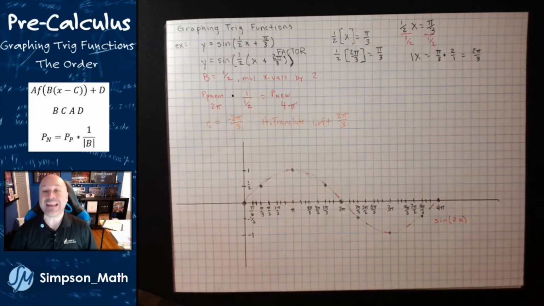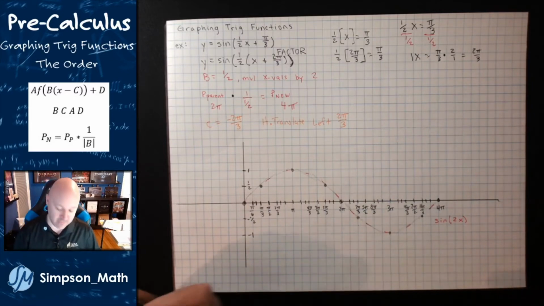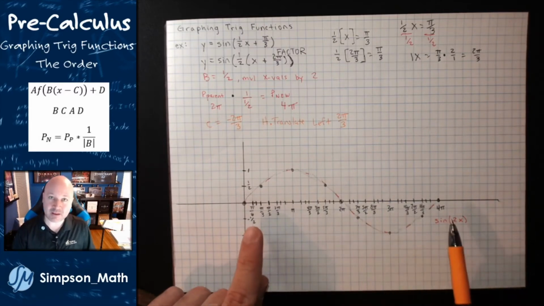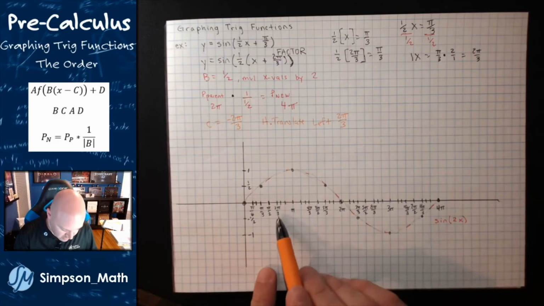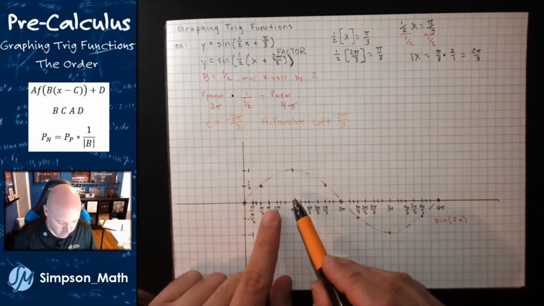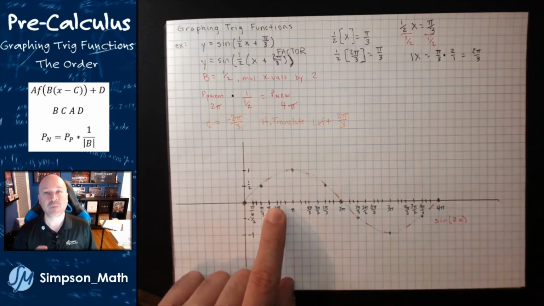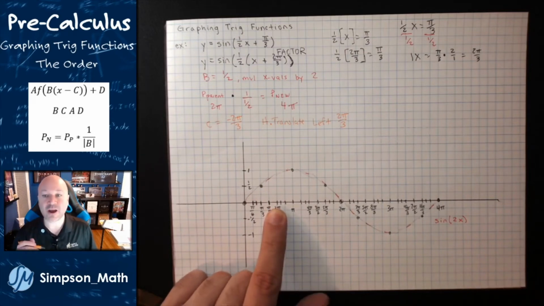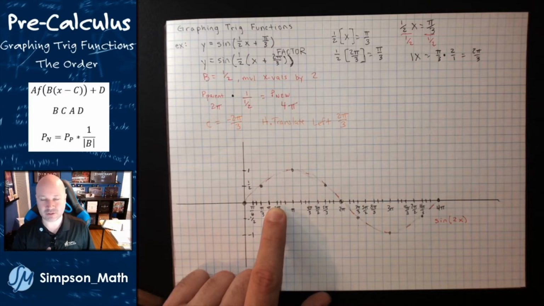All right. Now I need to translate left pi/3. So what I'm going to do is figure out how many squares 2 pi/3 is on my graph. Because of how I scaled this, 2 pi/3 is sitting right there. That's 1, 2, 3, 4. That's 4 squares. If you did not label your graph the same as mine, it'll be different.